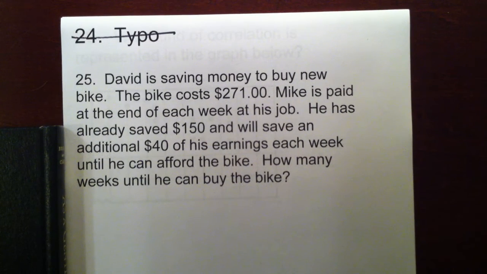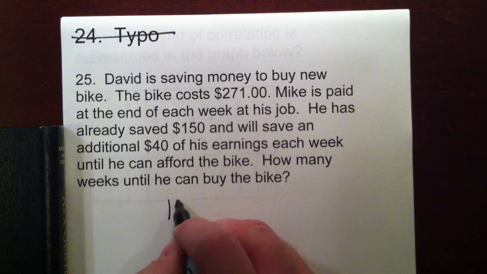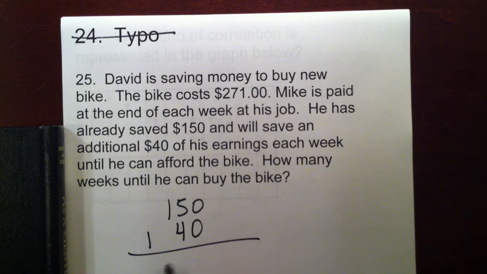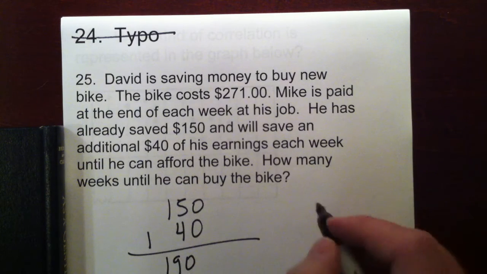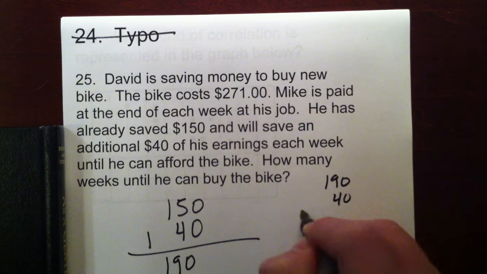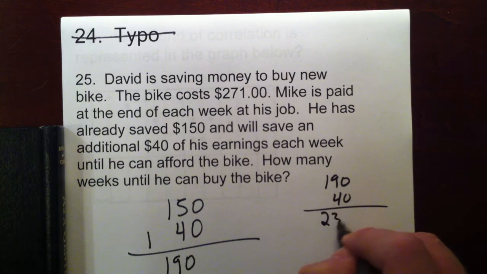Well, we can do this in a very, very simple way. He already has $150. And at the end of week 1, he will have $40. That leaves us with $190. Well, he's not quite there yet. 190 plus 40 equals 230.